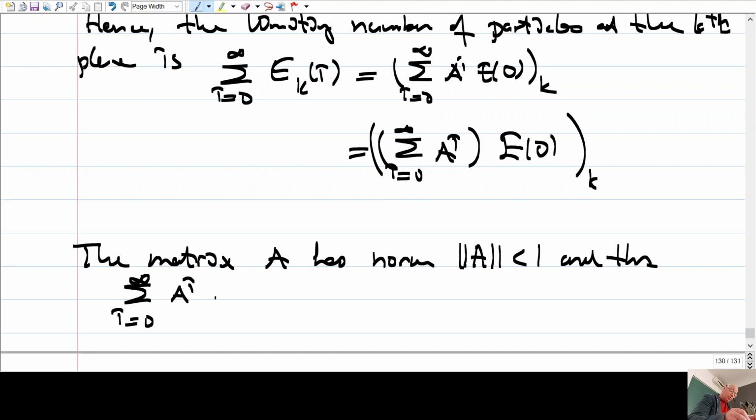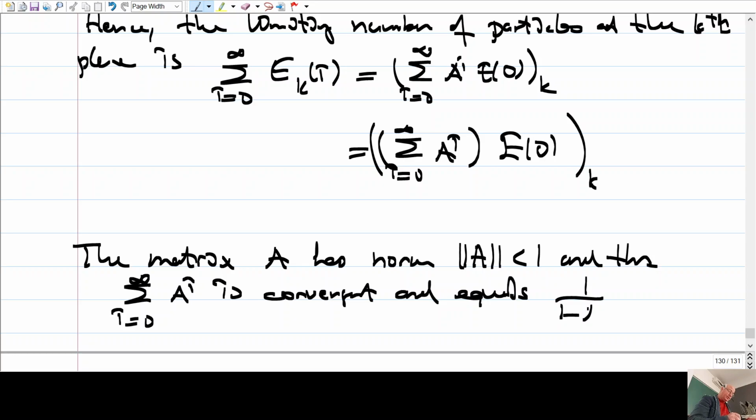So this is convergent and equals, think of it like this, a geometric series, so it's equal to 1 over 1 minus A. Of course, in matrix notation, this is just identity minus A inverse.